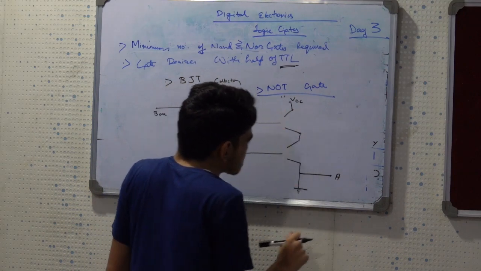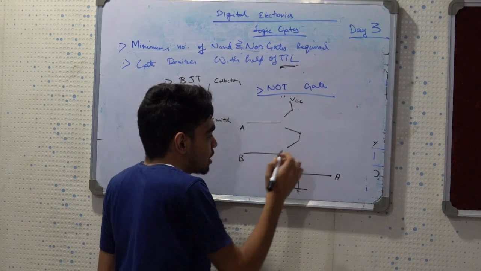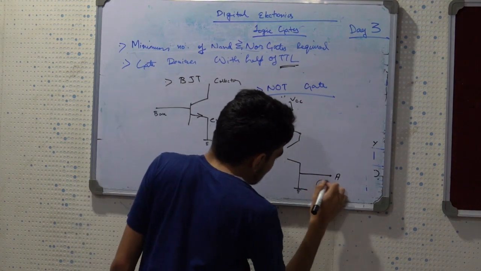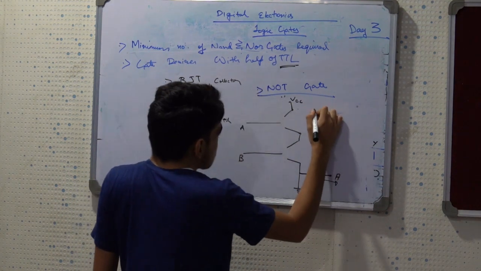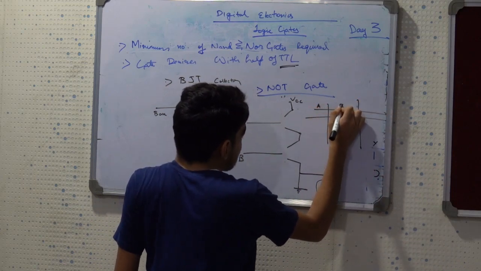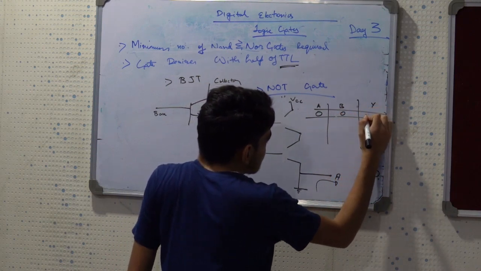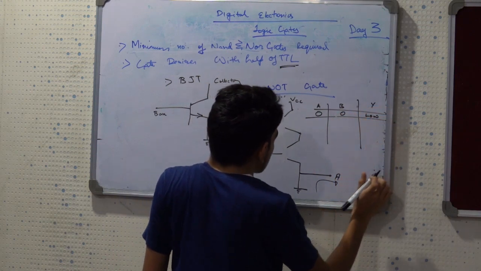As this transistor becomes open circuited, this VCC will not be able to come here, and the value of A is 0 itself. So whenever A is 0 and B is 0, the Y will be tending to low.